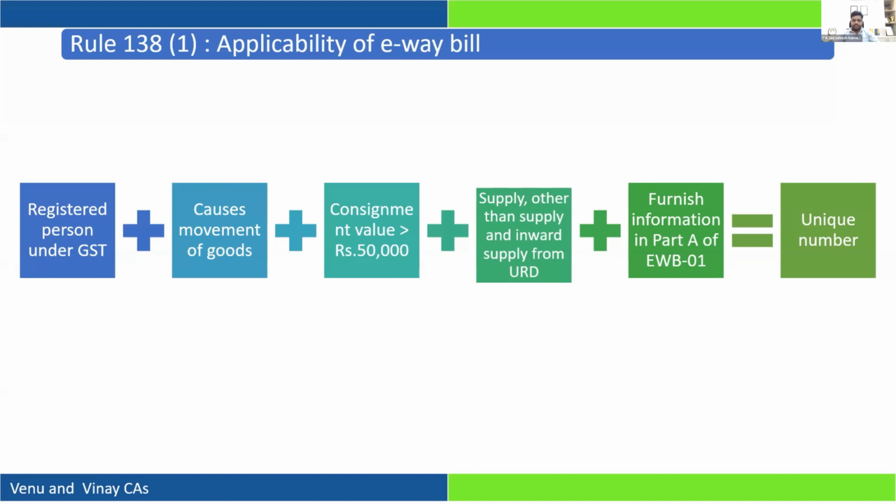Sir, do you want to add anything here, sir? Yes, I just want to add a couple of points which people definitely have to be aware of. Firstly, as Jagadish rightly mentioned, the e-way bill is not for supply, but it is for movement of the goods.